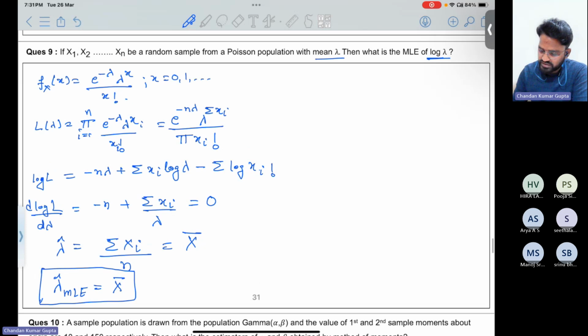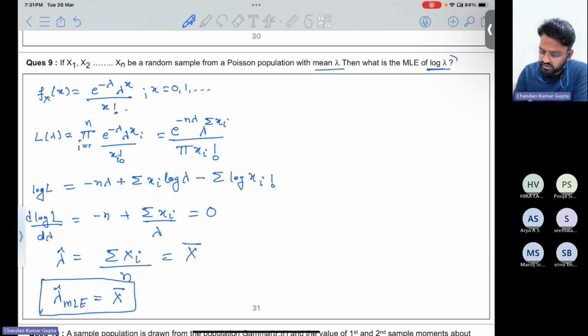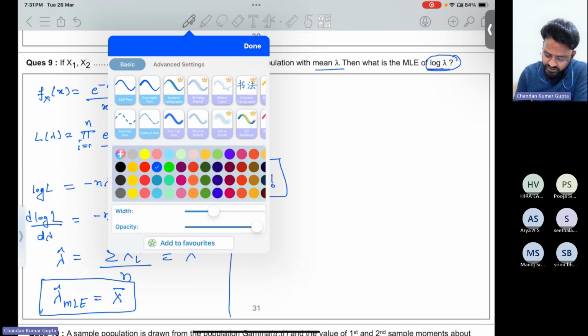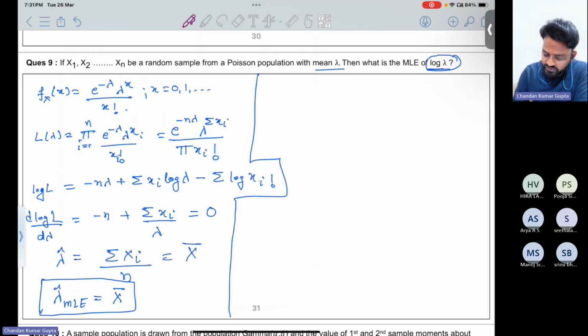But here we need to calculate the MLE of log of lambda. So there is the invariance property of MLE.